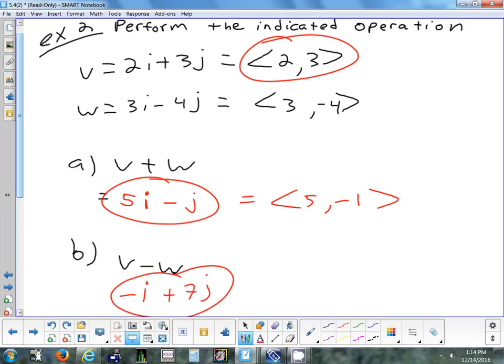So negative I plus 7j, or negative 1, 7. If you write it with the angle brackets, you do have to put the negative 1. You've got to put something there. But you don't have to put the negative 1 in front of the I. Okay, questions on adding or subtracting?